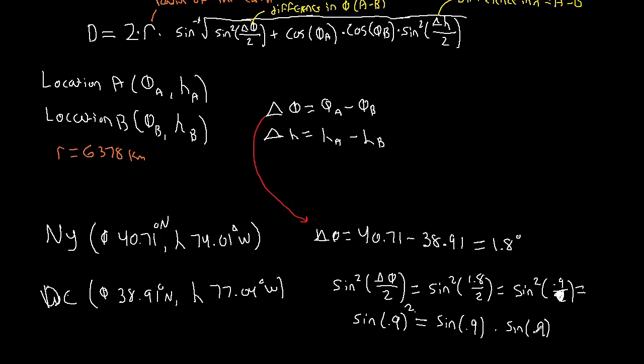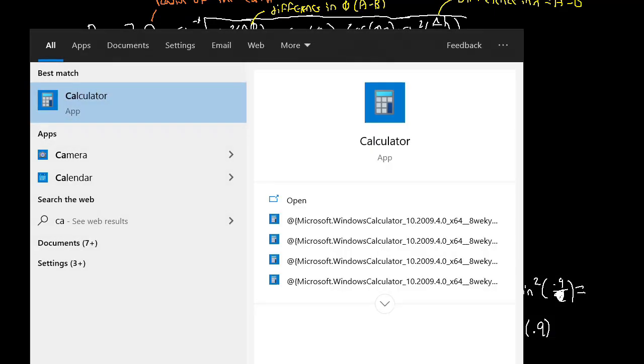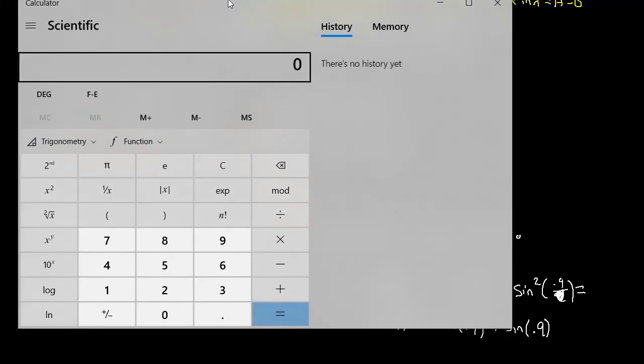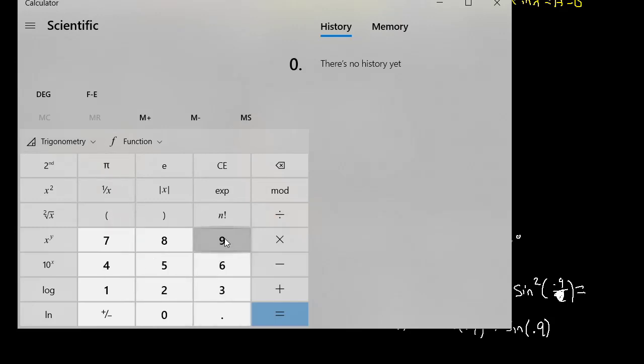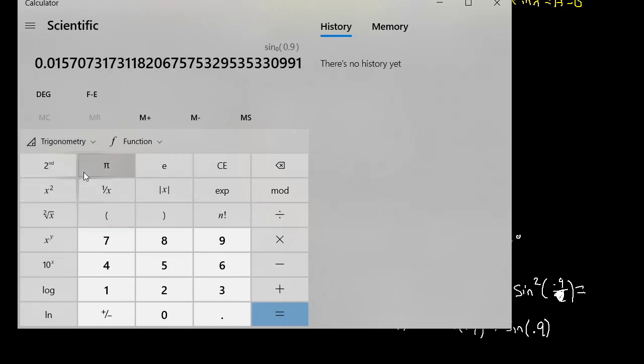Now, I do want to take a second here and show you how to do this with the Windows calculator. If you go to the Windows button and open up the calculator, you should see something that looks like this. We're going to type in 0.9, click the trigonometry button, click sine, and you'll see that we get a value of 0.0157.